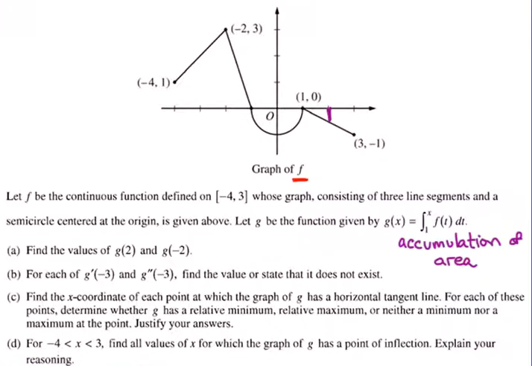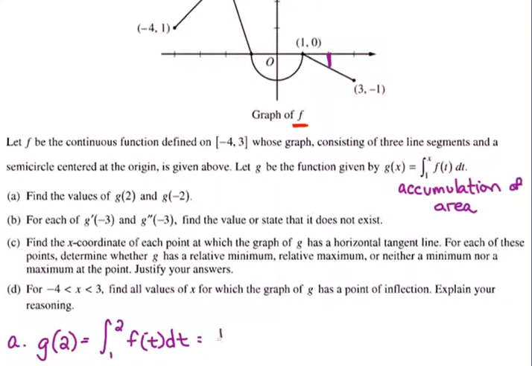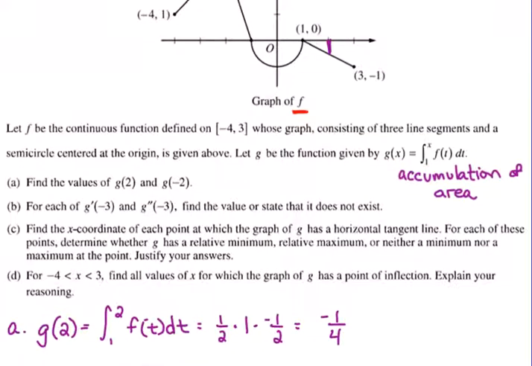So this is a triangle. So we've got 1/2 times the base. Well, it's width 1 times the height. That would be -1/2. You got to include the negative because this is under the x-axis, so it's got to be negative area. So we have -1/4 for g of 2.